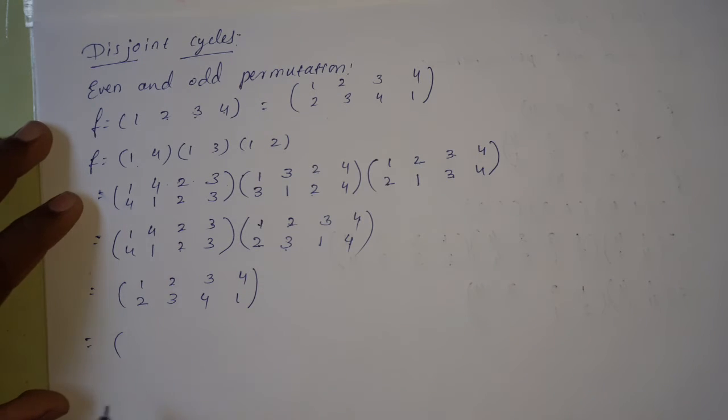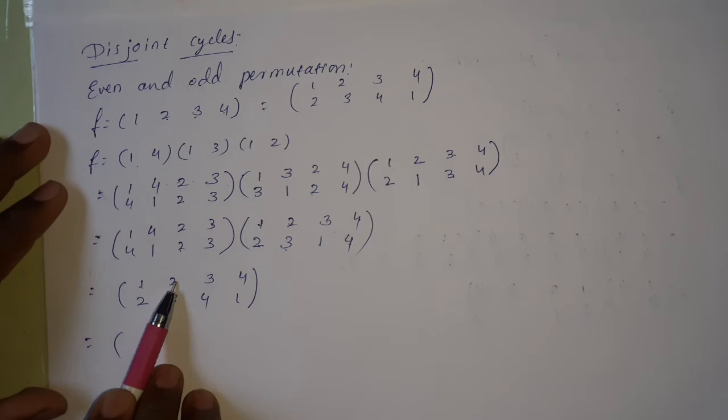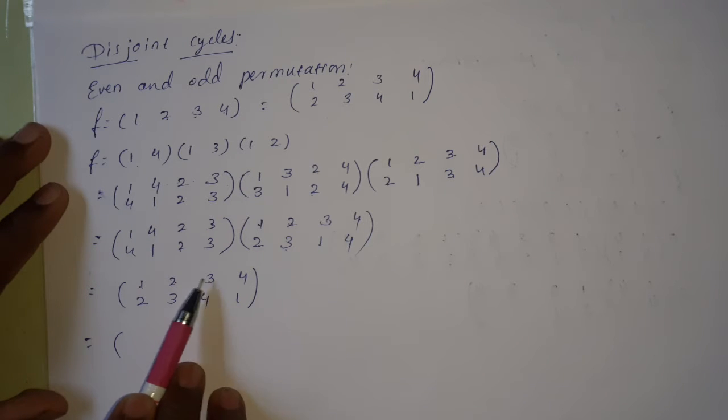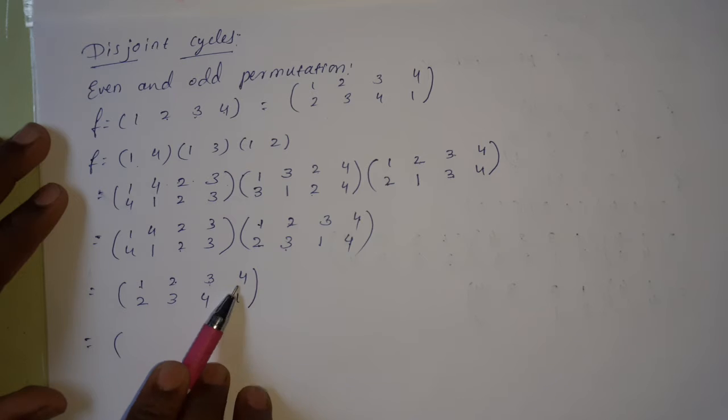Now look at this one. First element is 1, second is 2, third is 3, fourth is 4.